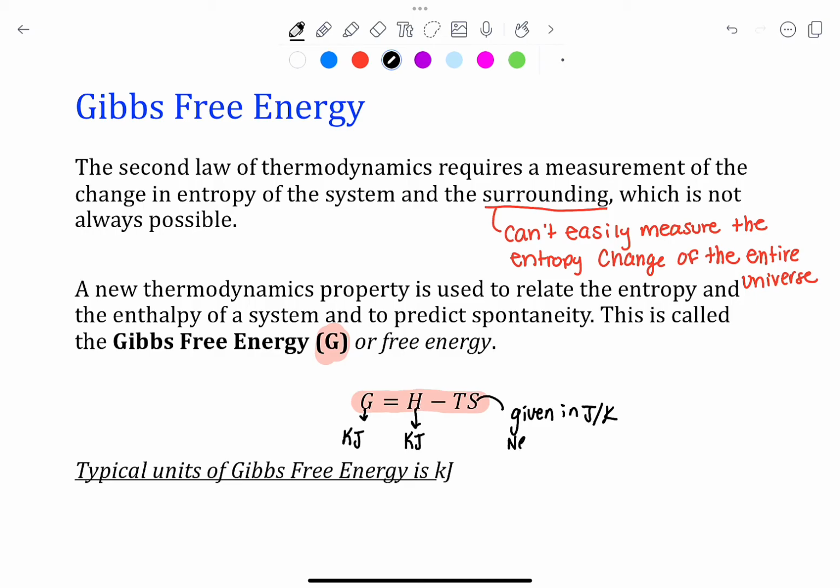So we need to convert it to kilojoules per Kelvin before plugging in. Okay, so before we plug anything into this equation, everything needs to be in units of kilojoules.